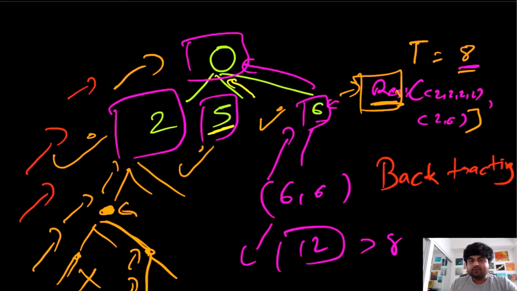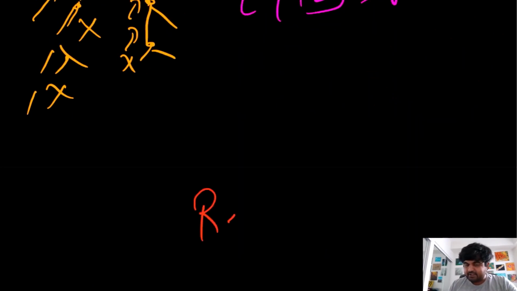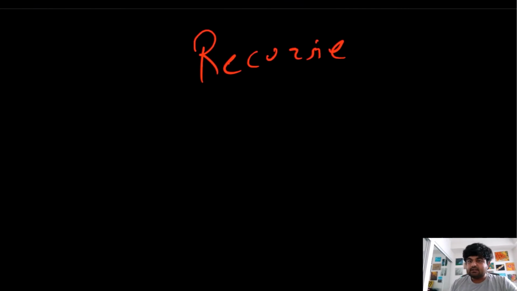The way to implement this, you must have guessed it correctly, is that we were doing so much repetitive work again and again, and we had some terminating conditions: if the value is equal to or greater than our target, we would terminate, which means that we were using recursion at its best over here. So yeah, this is basically our solution.